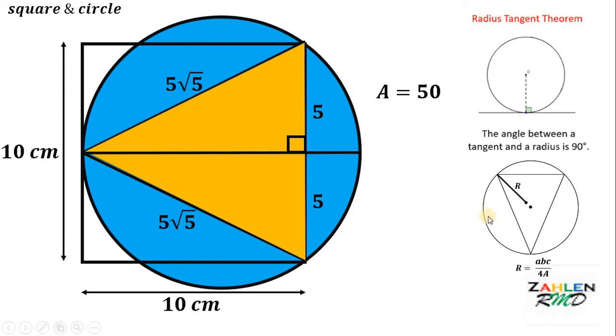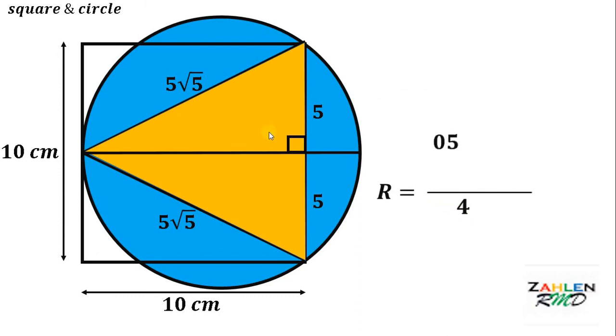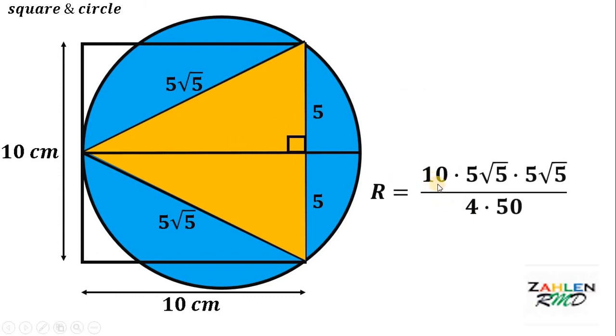Now, to find the radius of the circle, we will use this formula. We have r equals abc, which are the side lengths of this triangle, all over 4 times the area of the triangle. We know all of these values, so let's substitute all of them. So the side lengths of this triangle are 10, 5 times square root of 5, and 5 times square root of 5, all over 4 times the area of the triangle, which is equal to 50.